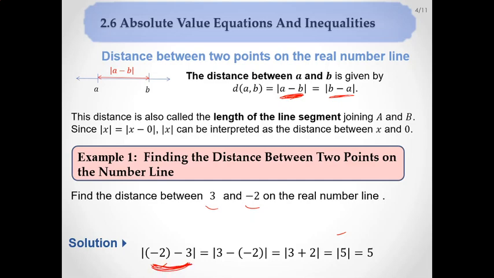You can take the difference negative 2 minus 3, or you can say 3 minus negative 2. You can write a minus b or b minus a. They are the same distance, so there will be no difference. So the answer is 5.